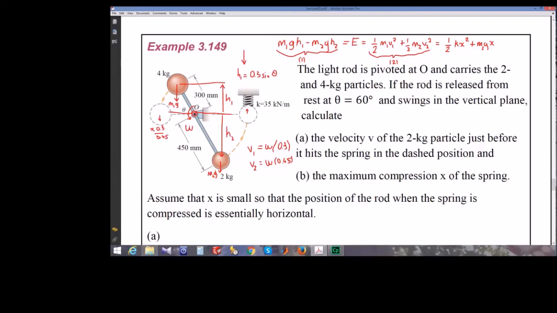Okay, let's call this x1. And now we're going to have a negative sign here, and the reason for the negative sign is this is dropping down, right? So it's releasing the energy.